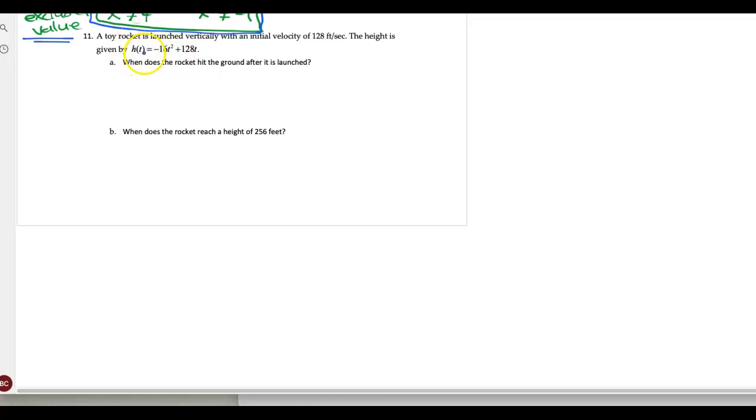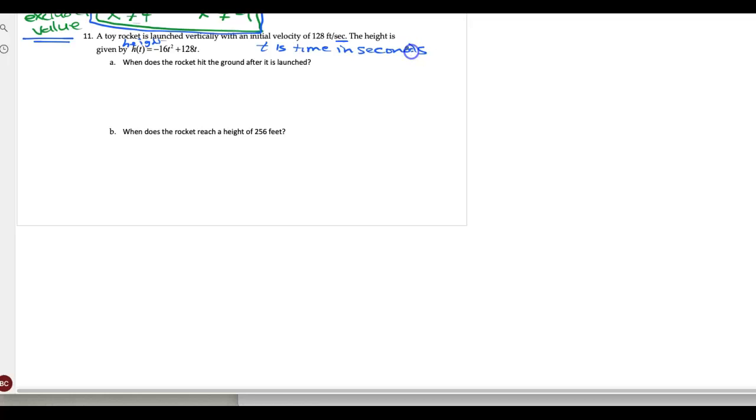So h of t is the height, and then t is the time in seconds, because it's telling us feet per second.